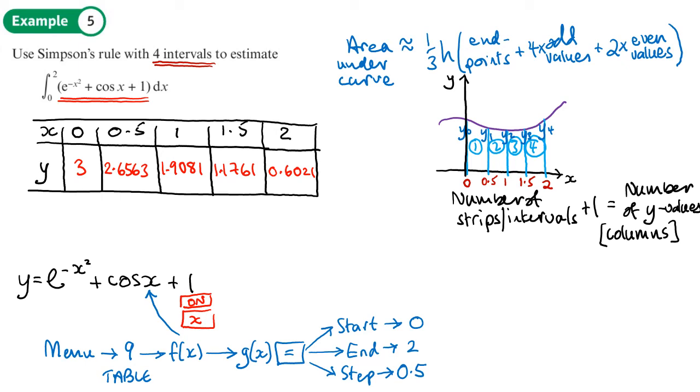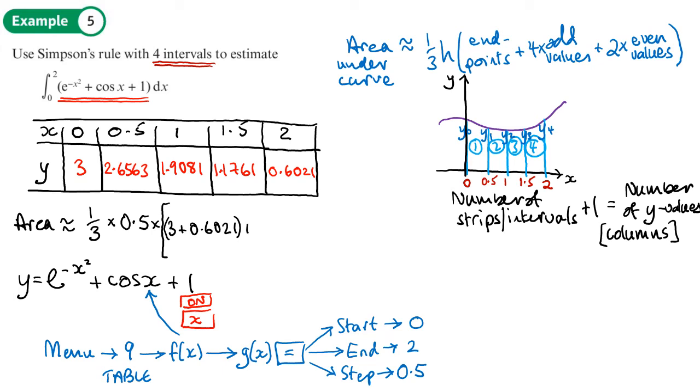So the approximate area, remember, is going to be 1/3 times h. So let's write down the area is approximately 1/3 times by h. H is 0.5. That's the width of each of these bars. Times by, so what do we want now? The endpoints. So the endpoints are 3 and 0.6021.